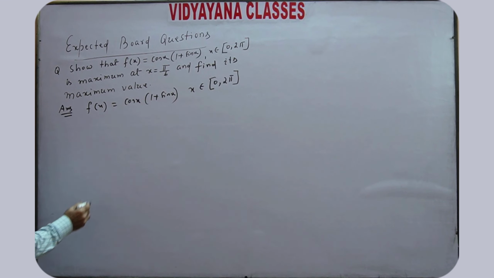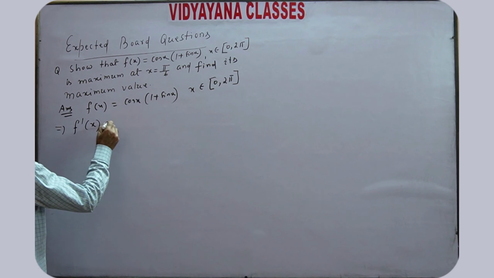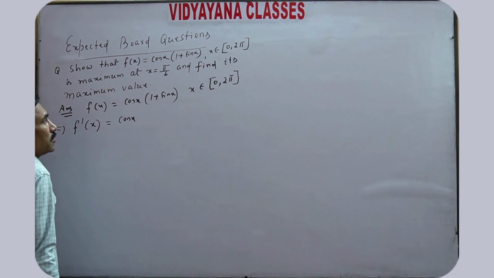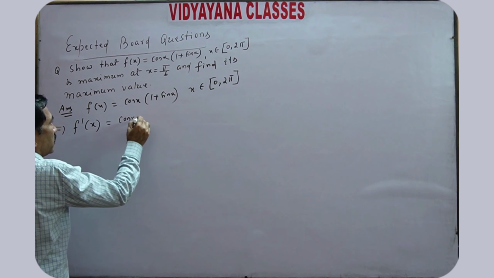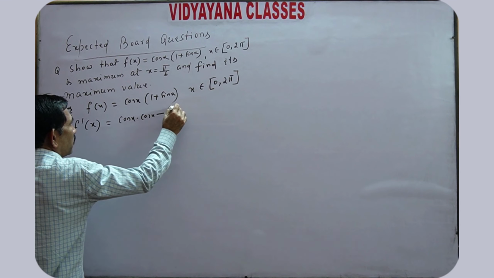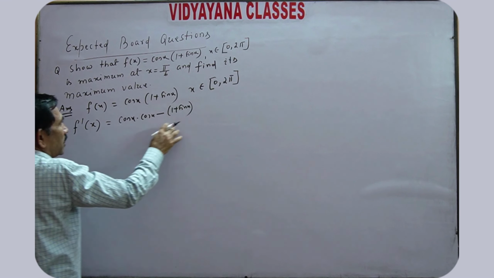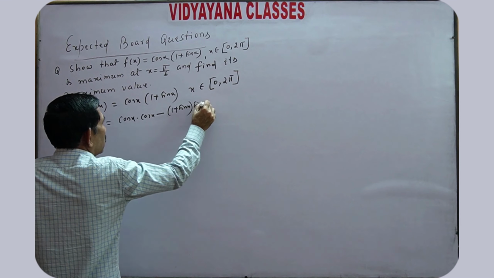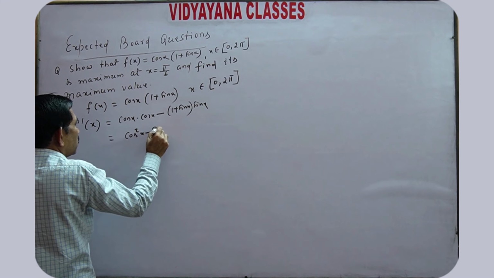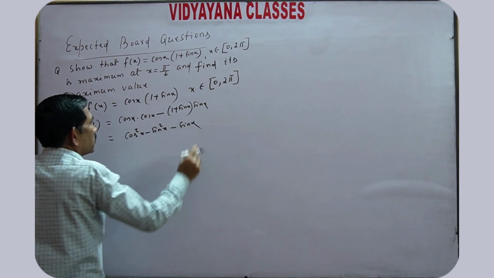Differentiating both the sides with respect to x implies f dash x is equal to cos x times the derivative of (1 plus sin x), that is cos x, minus (1 plus sin x) into the derivative of cos x, which is minus sin x, which is equal to cos square x minus sin square x minus sin x.